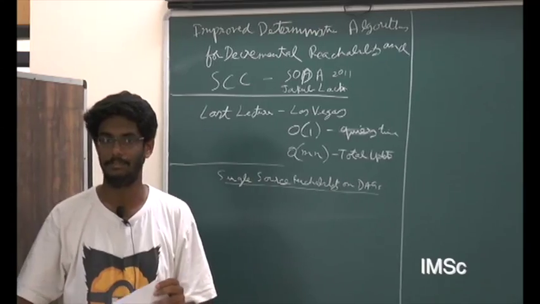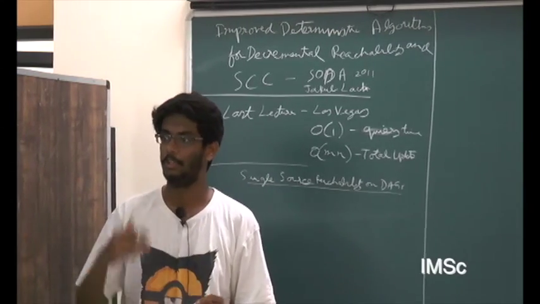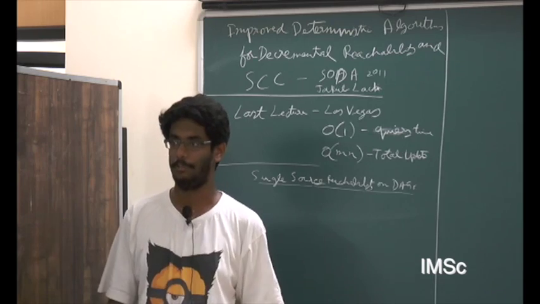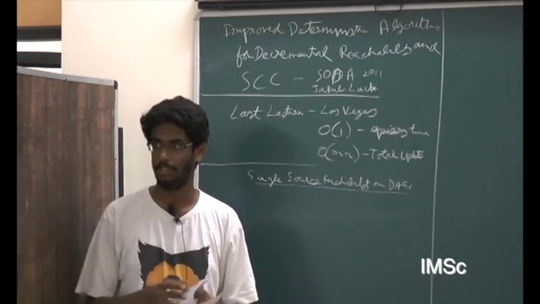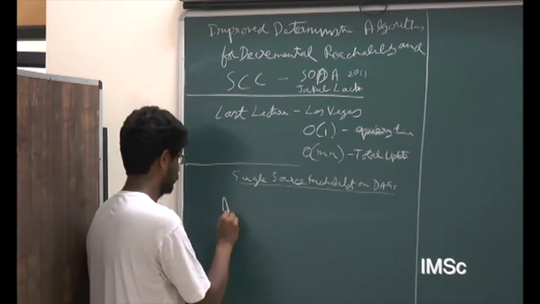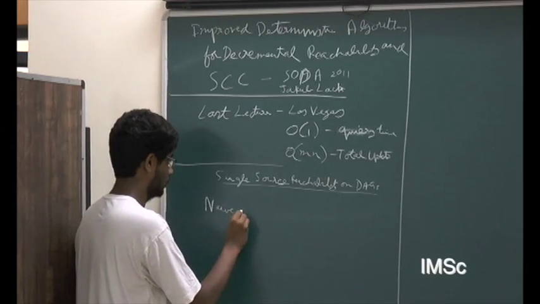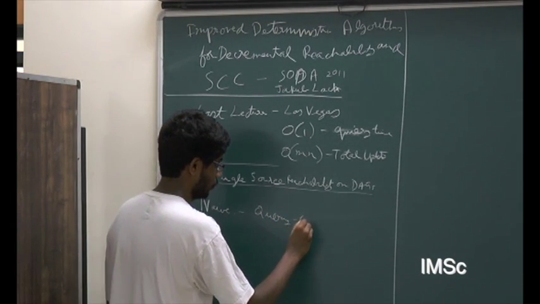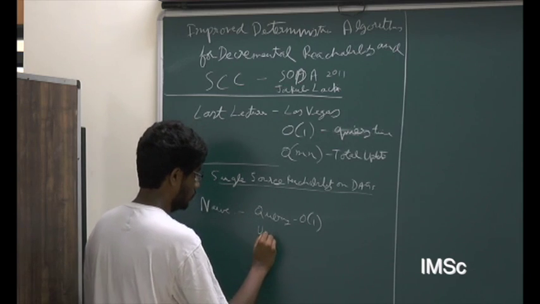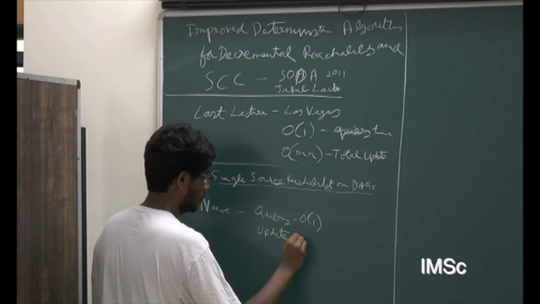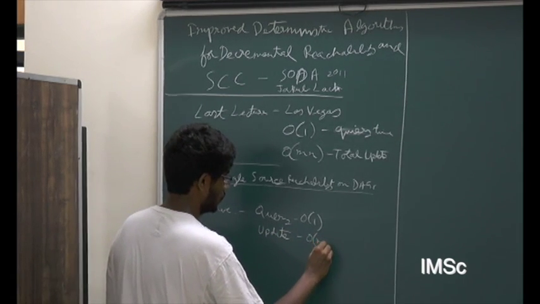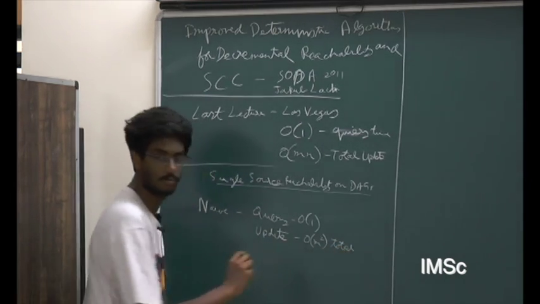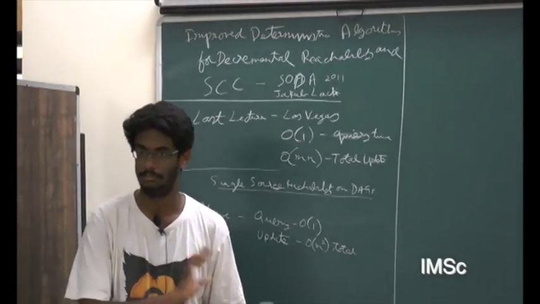Each time you delete an edge, you do the entire O of m reachability. That's order m squared and constant query. So the naive approach has constant query and update of order m squared each, order m squared total.